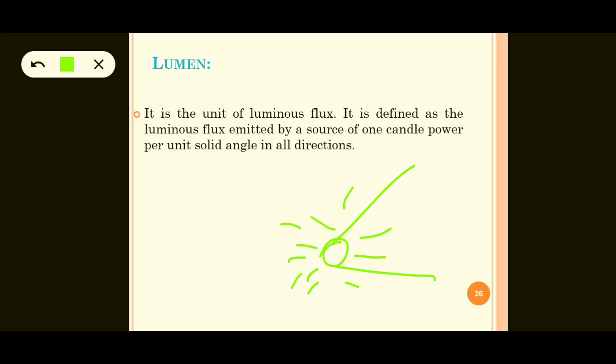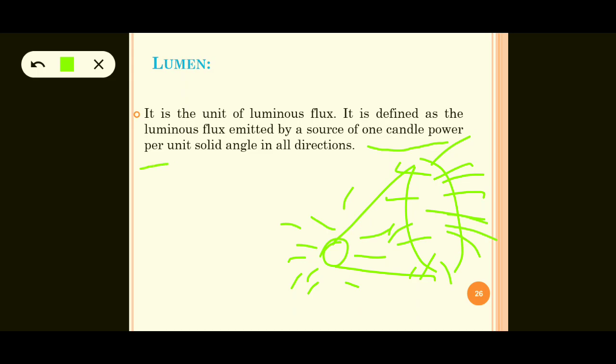In electrical terms, flux. Here luminous flux is in lumens, with a solid angle. The lumen is the flux emitted by a source of 1 candle power per unit solid angle in all directions.